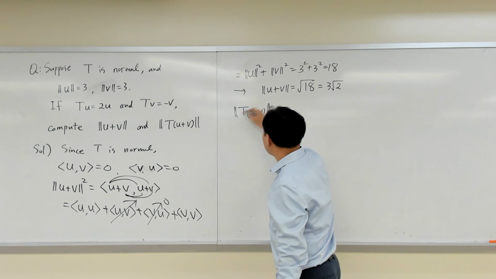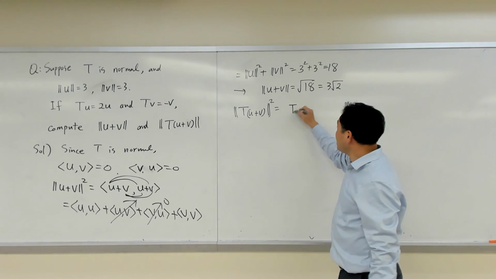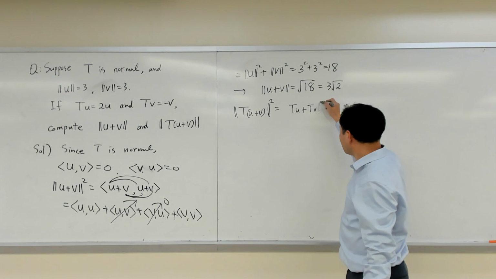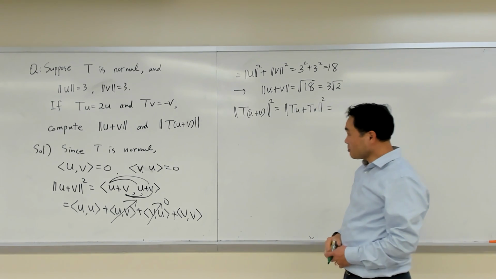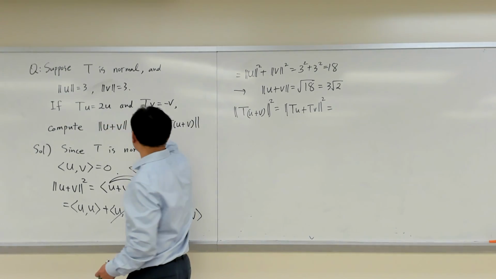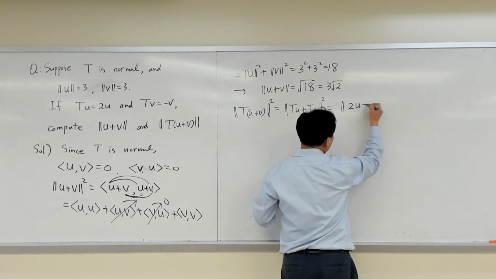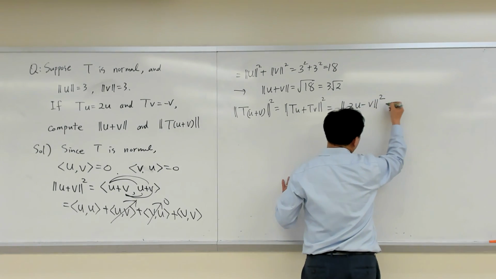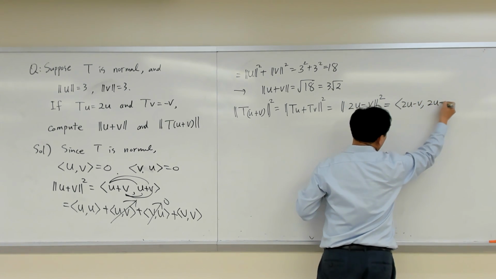Okay, but then what about T of u plus v? Well, same idea here. This is Tu plus Tv because T is linear, right? And because Tu is 2u and Tv is negative v, this is going to be the norm of 2u minus v, squared, which is <2u-v, 2u-v>.